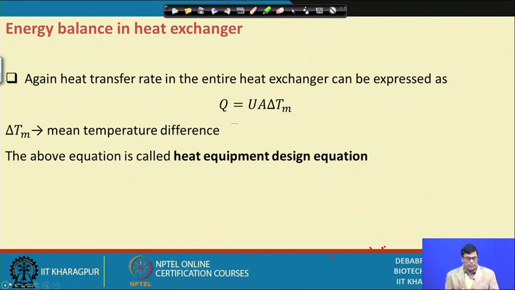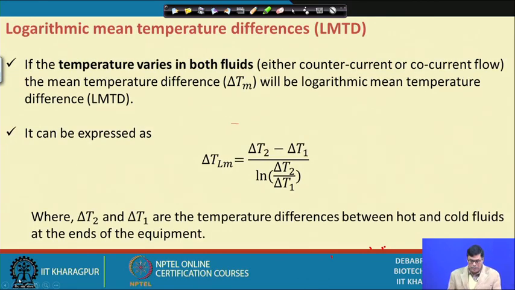Now, here the overall heat transfer can be expressed as Q equals U A del Tm, where del Tm is the mean temperature difference. And what is the logarithmic mean temperature difference?